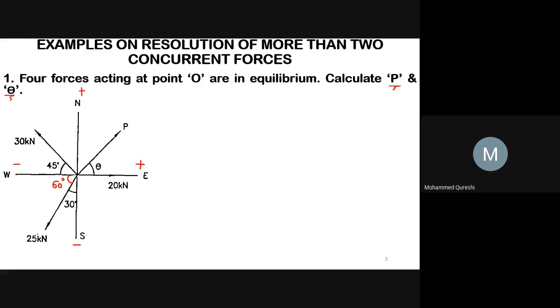So now 25 kilonewton is making an angle 60 degree with the horizontal axis. Total is 90 degree, and out of that 30 degree with respect to y-axis and the remaining 60 degree with respect to x-axis. Now we will simplify the figure.